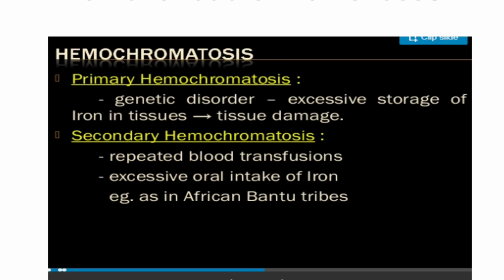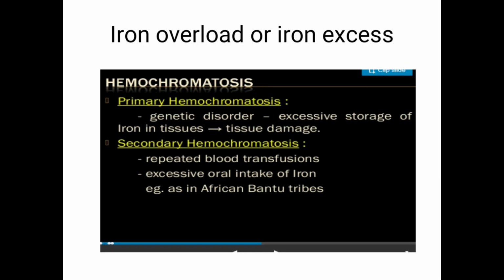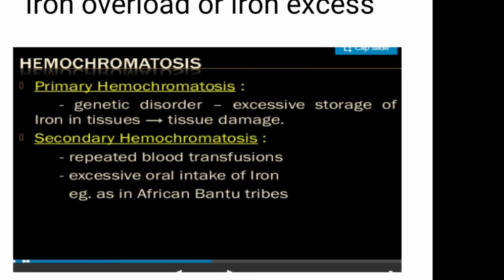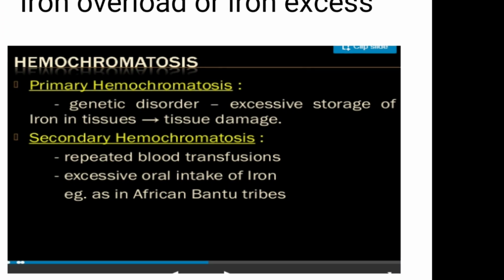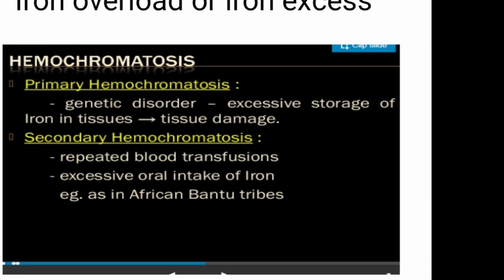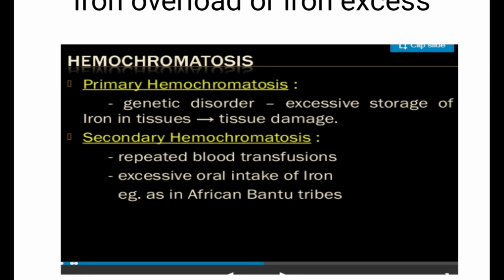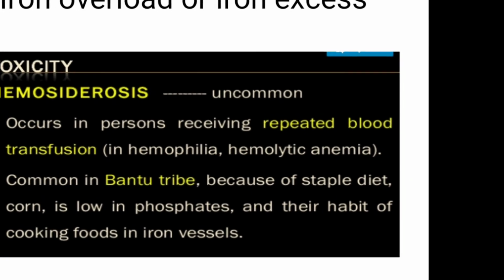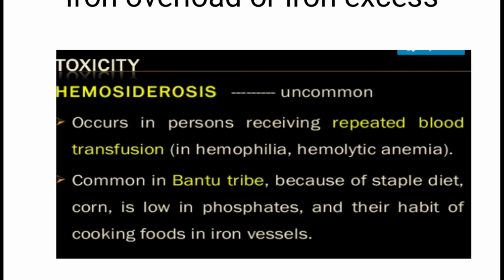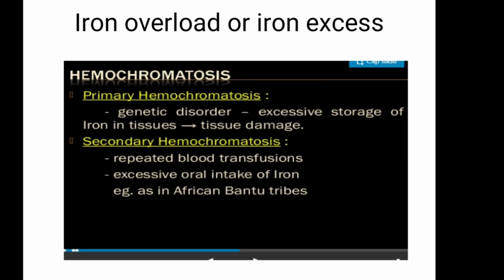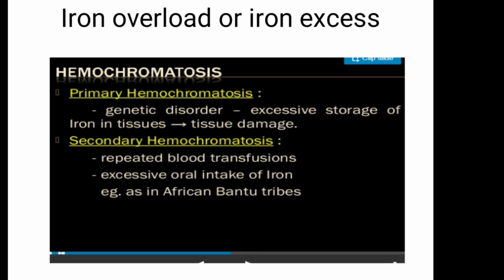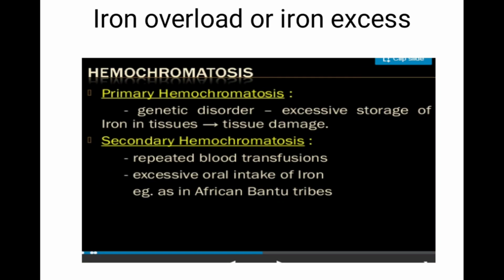Secondary hemochromatosis is due to repeated blood transfusion, so more hemoglobin and iron, or excessive oral intake of iron, for example in African Bantu tribes, who use iron things only. So there is toxicity, hemosiderosis and hemochromatosis, and there are primary and secondary hemochromatosis.